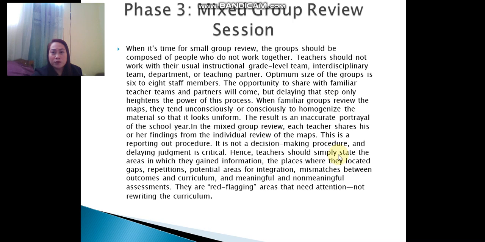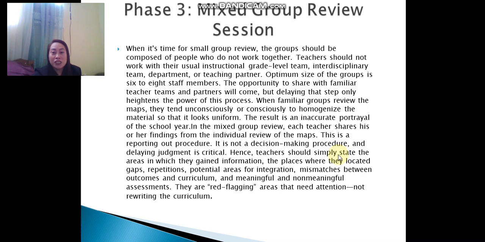When familiar groups review the maps, they tend, unconsciously or consciously, to homogenize the material so that it looks uniform. The result is not an accurate portrayal of the school year. In the mixed group review, each teacher shares his or her findings from the individual review of the maps. So it is a reporting out procedure. It is not a decision-making procedure, and delaying judgment is critical.